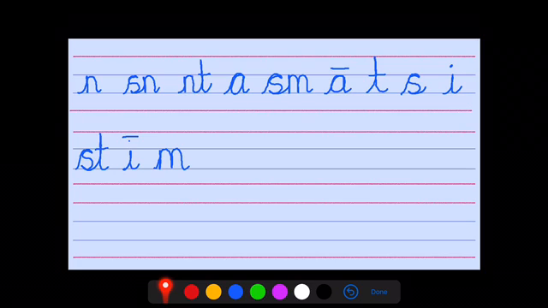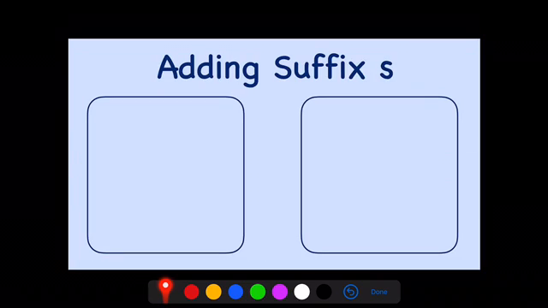Okay, well done. But before you go, we have got another strategy, this time for when we use suffix s, and that's because it can sometimes sound like z. So we need to be really sure about when we write an s.